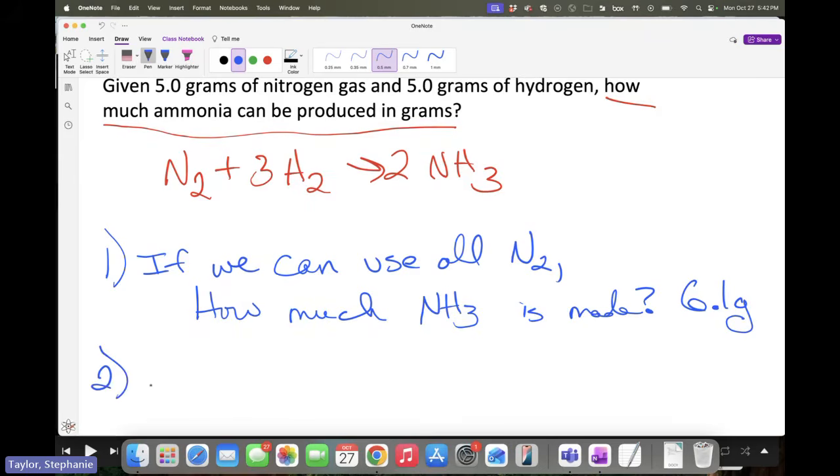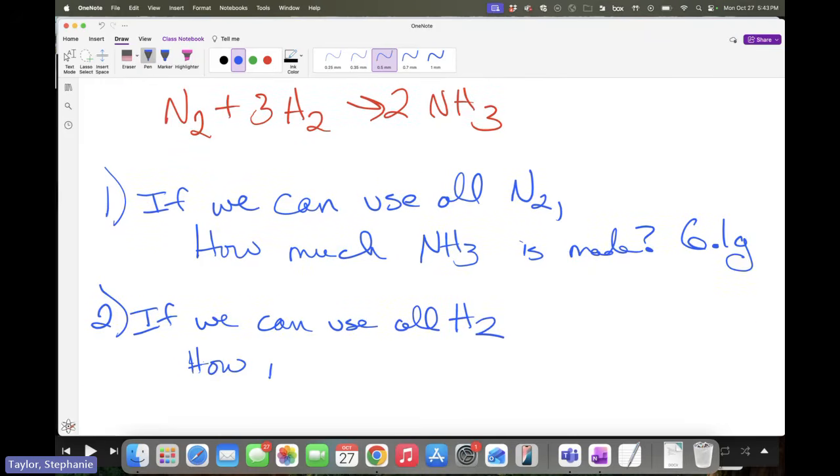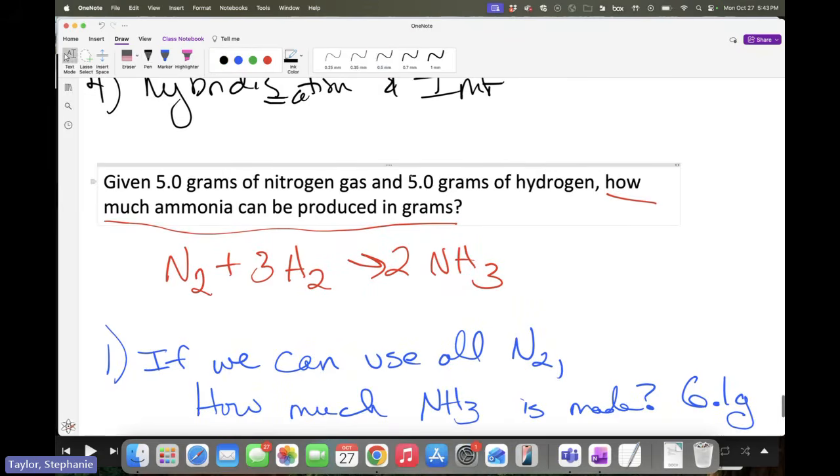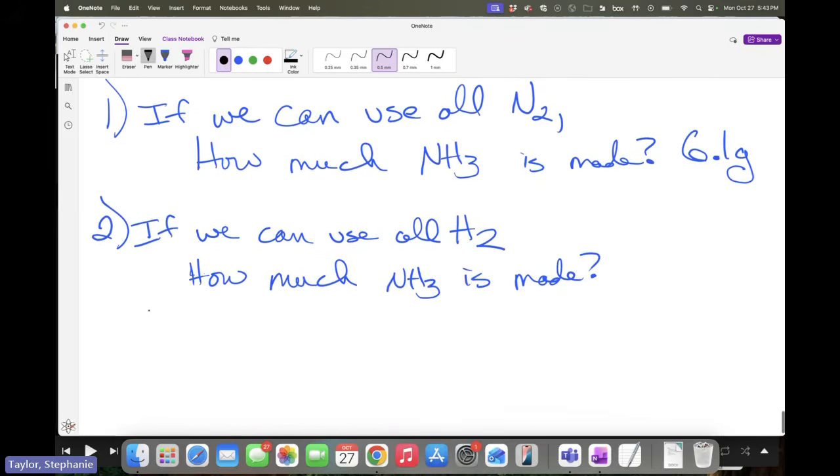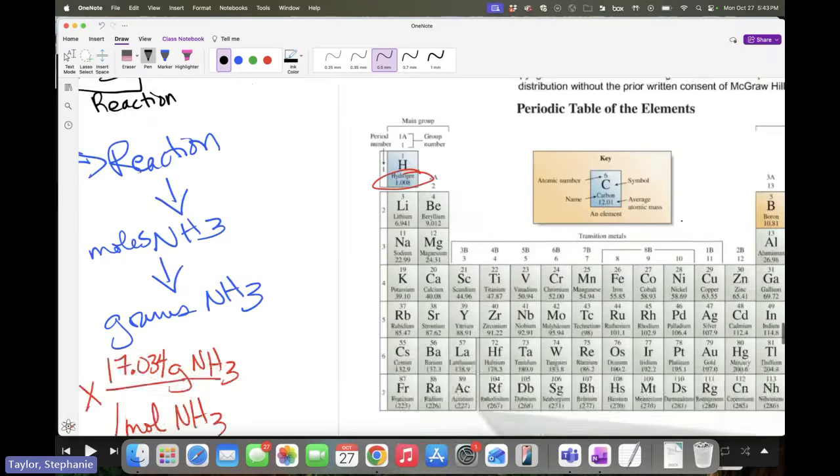Now we're going to ask the question, since I have nitrogen and hydrogen, if we can use all the hydrogen, how much ammonia can be made? This question we actually have to solve for, so we haven't done it yet. So I have 5 grams of hydrogen, and I'm going to take my periodic table, which I left somewhere over here.